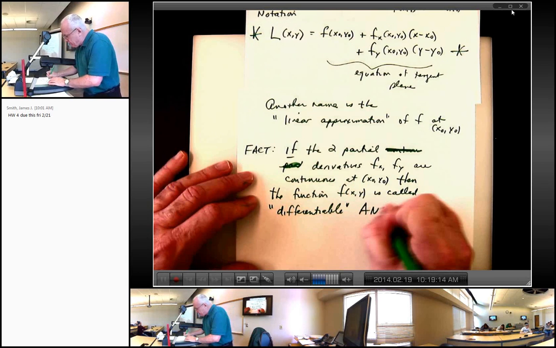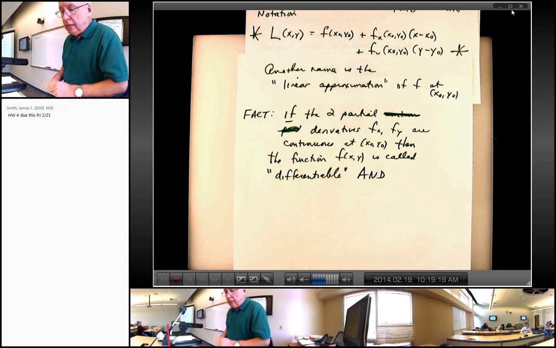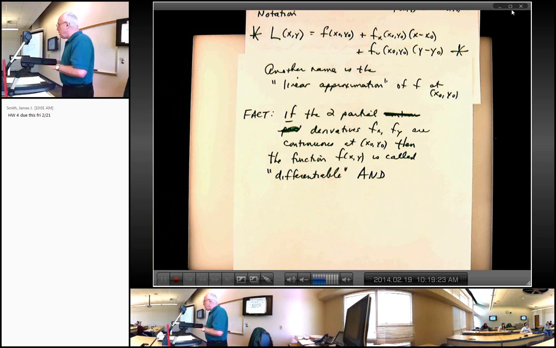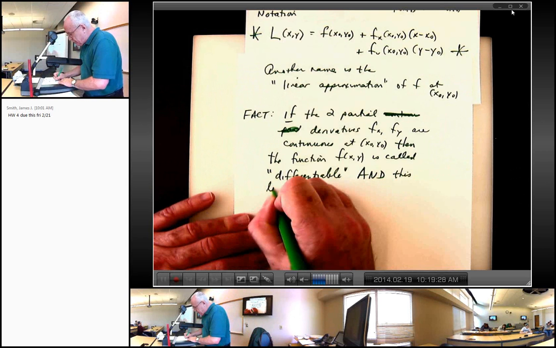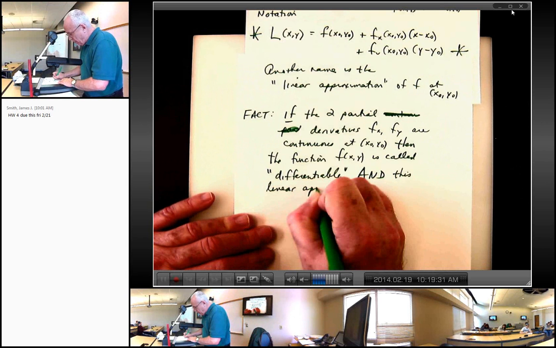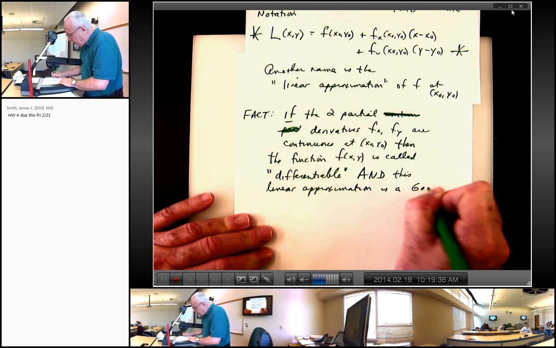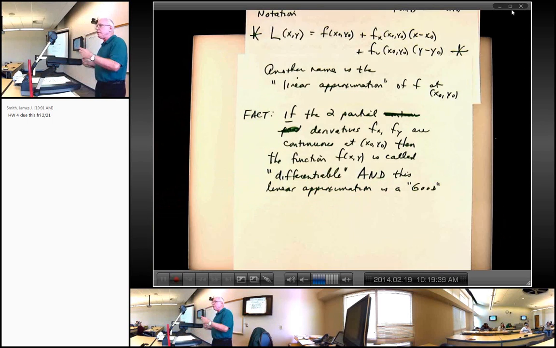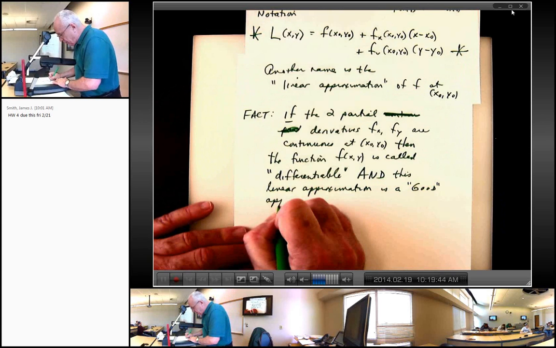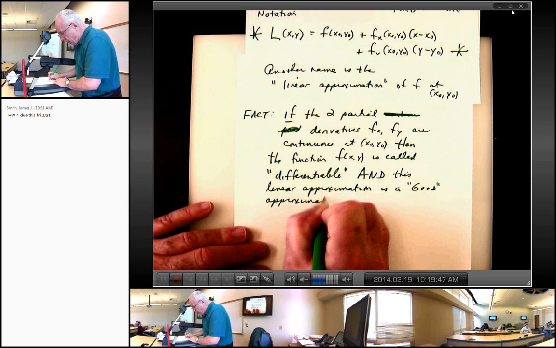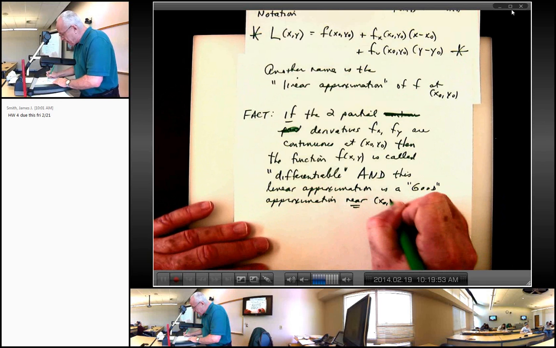And here's the point that I want to get across: this linear approximation is a good approximation of the function value. I'll put good in quotes because it means it can get really close to the actual value. It's a good approximation near that point x0, y0.